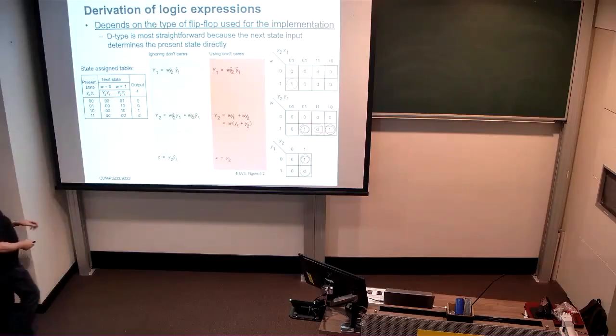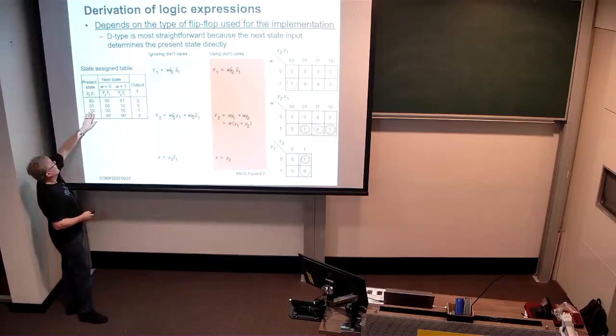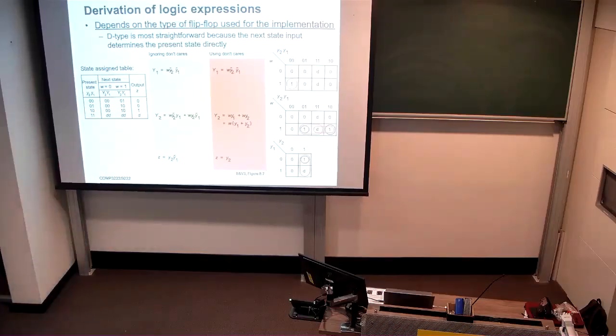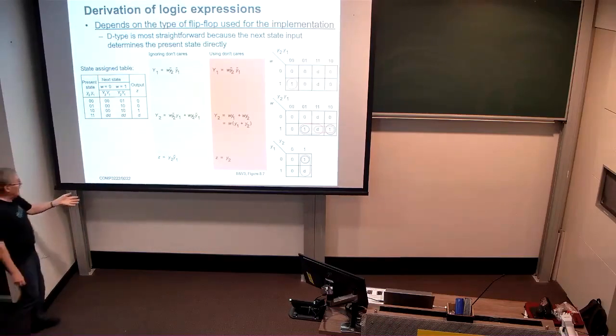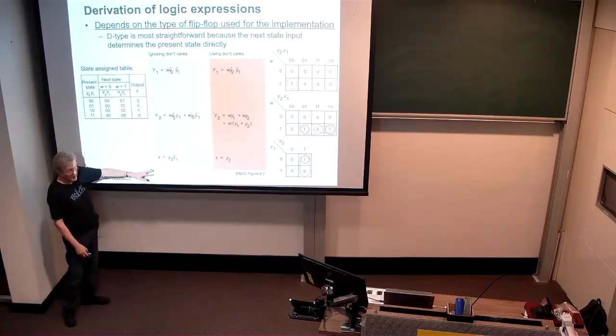And finally, when is Z 1? Well, it's only 1 when the present state is Y2, not Y1. So that's what we see down here. When we have don't cares, that gives us additional opportunities to simplify these expressions.